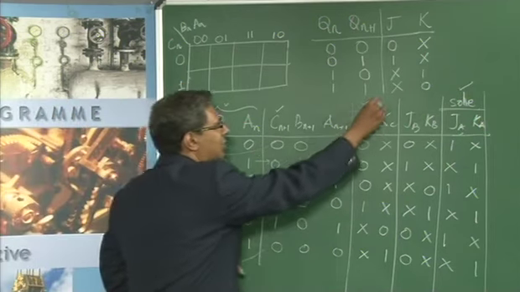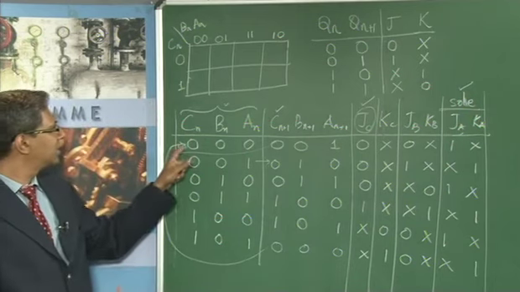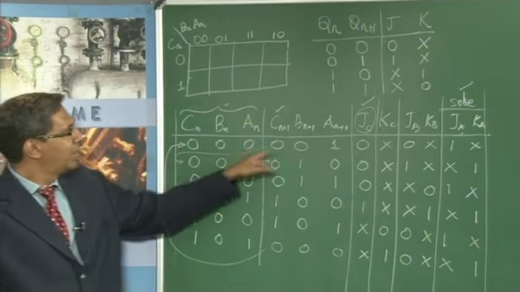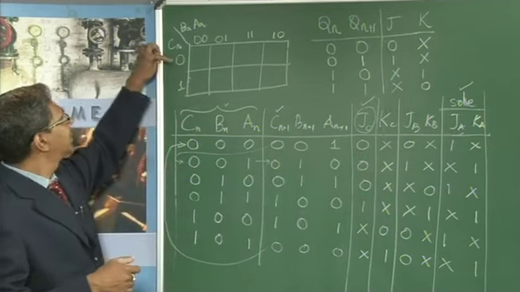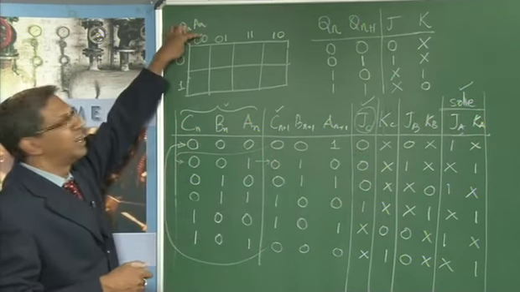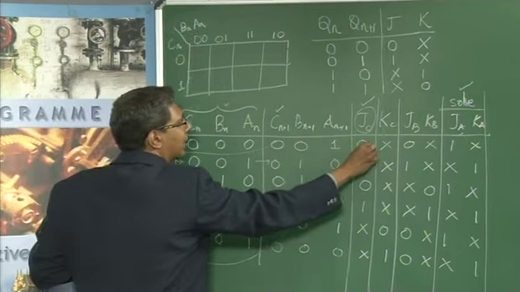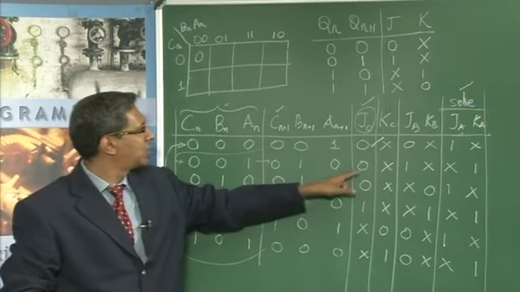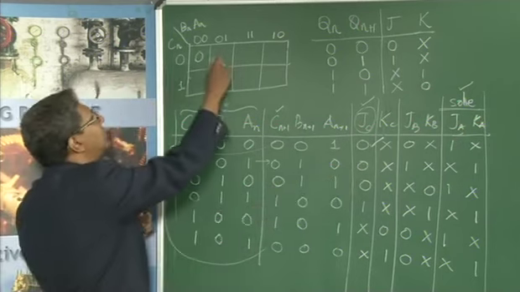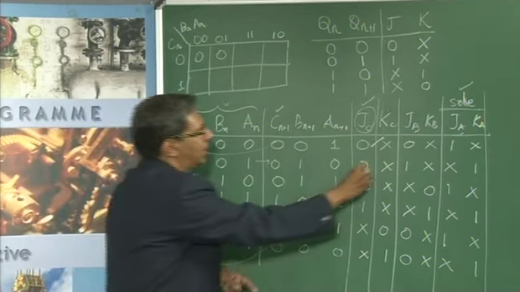Now just observe this column for JC. When the inputs are 0, 0 and 0, what is the value for JC? 0. So all I have to do is find out where it is 0, 0 and 0. It is this box. So for this box, I write this value. It will be 0. Next, for 0, 0, 1, again 0. Next, for 0, 1, 0, it is again 0.